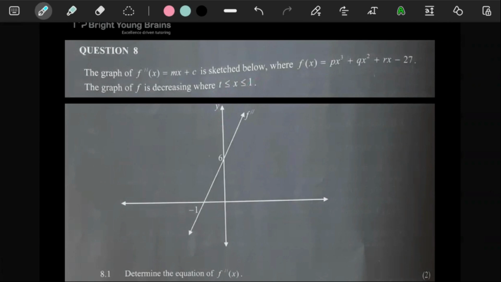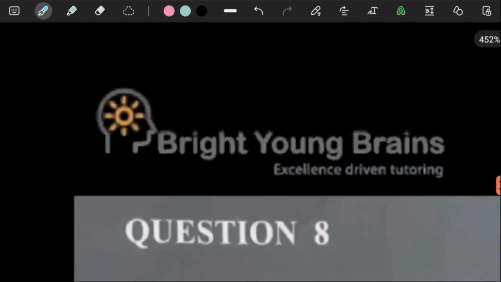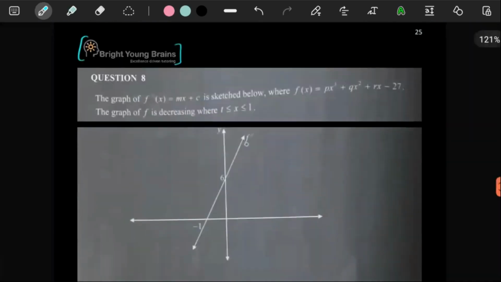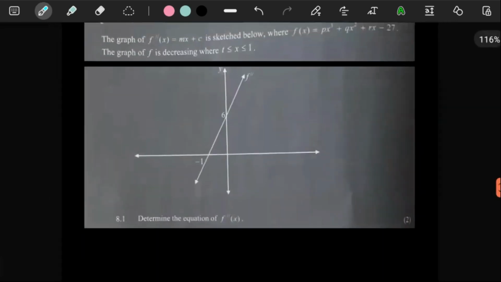This kind of question needs you to have your calculus knowledge in check, properly. Fortunately, on the main channel, Bright Young Brains, there's a playlist that works on exactly what we're talking about now. So let's see what they say here. They're saying this graph is decreasing from t until positive 1.